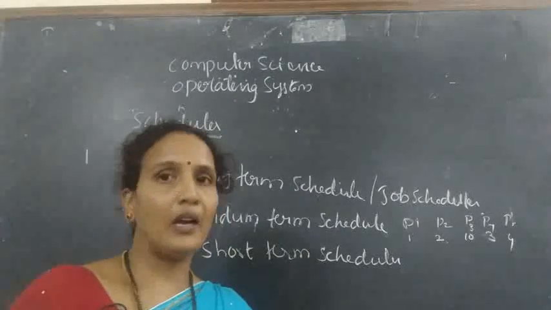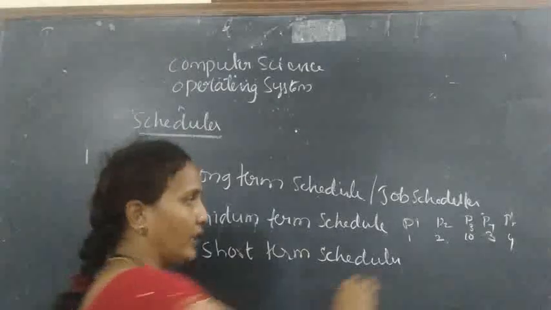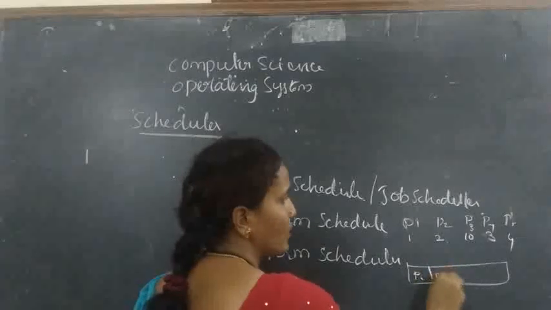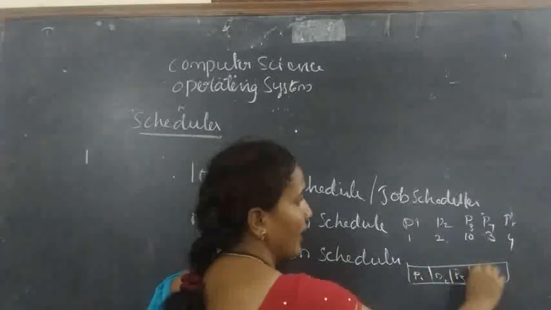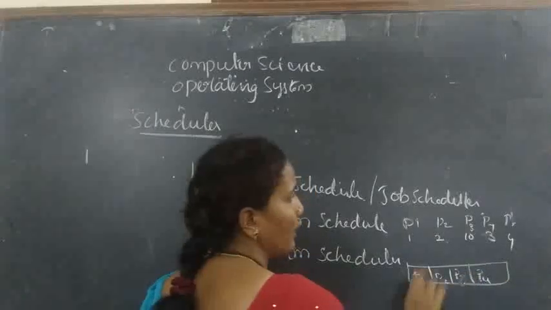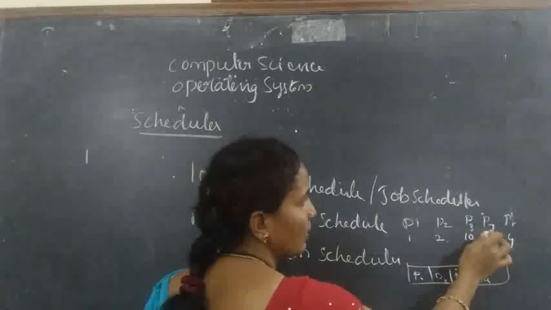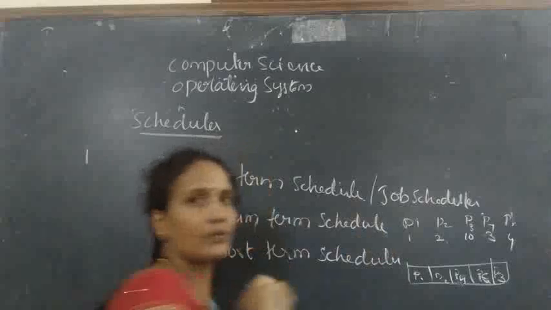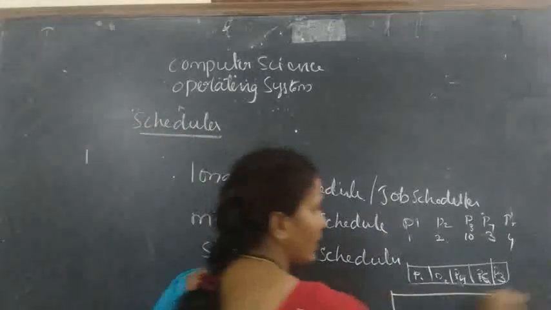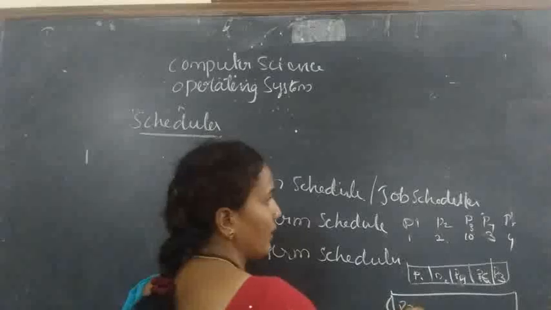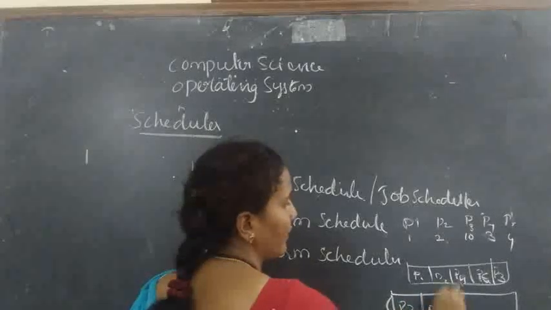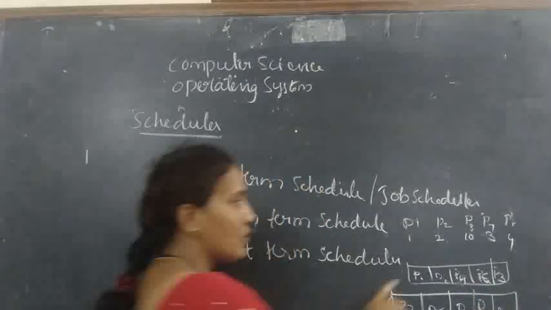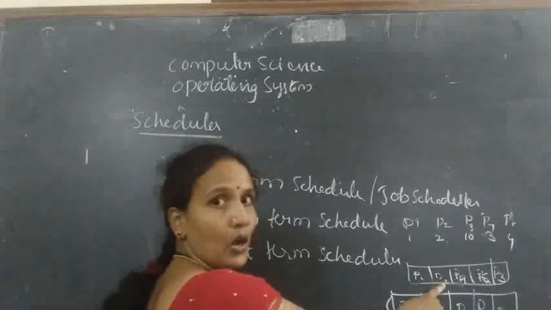In this case, how should it maintain a queue? Instead of maintaining the queue as P3, P1, P2, P4, P5, if it maintains a queue like this: P1, P2, P4, P5, P3. So to complete the execution, how much time do we need?